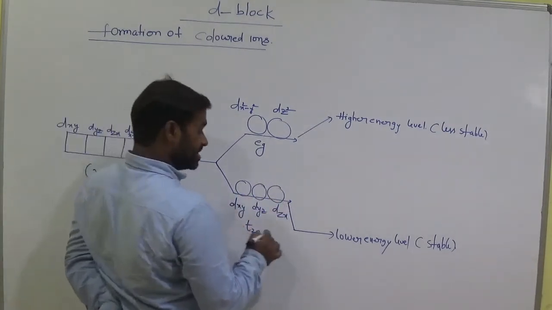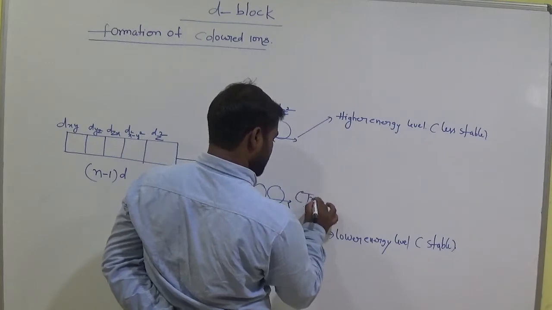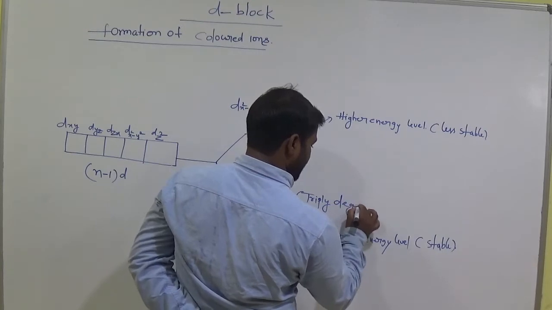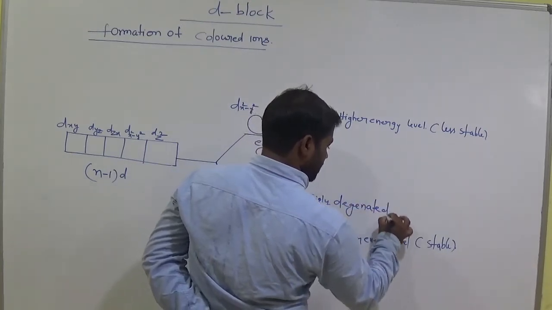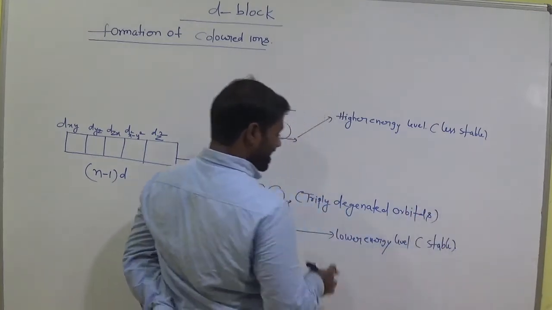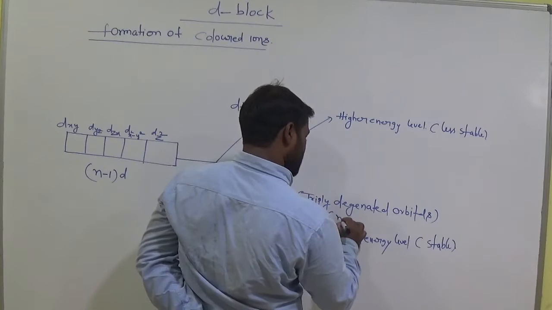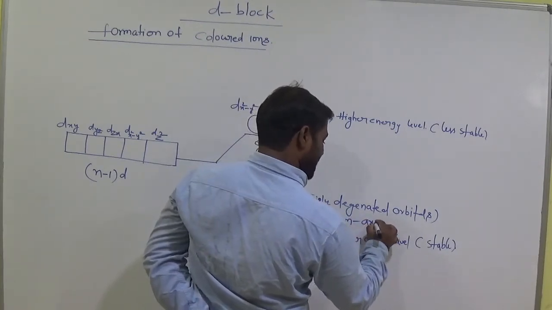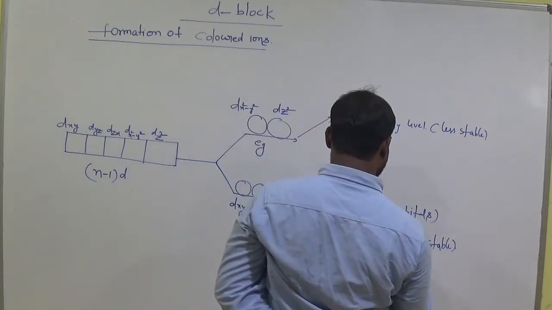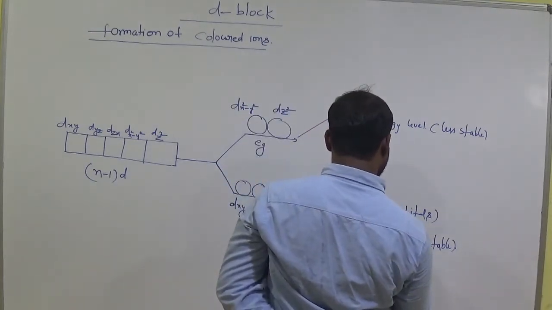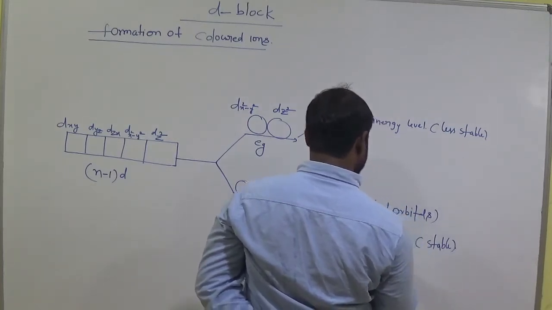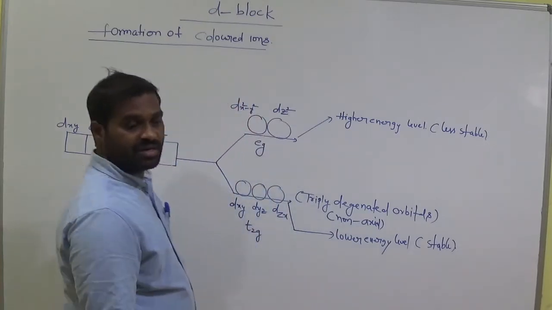These three are called triply degenerate orbitals, and these are called non-axial orbitals.